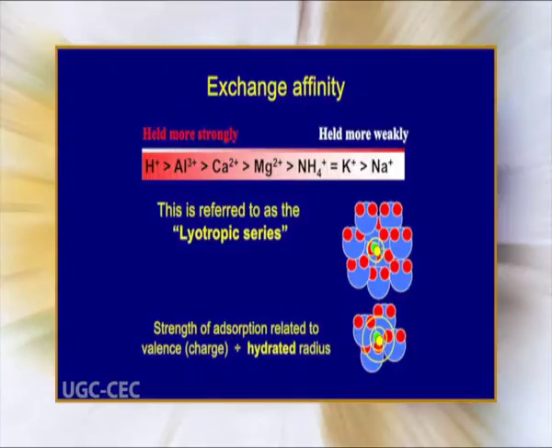Within a given valence series, the degree of replaceability of an ion decreases as its dehydrated radius increases. An apparent exception is the hydrogen ion. Monovalent hydrogen in this case behaves more like trivalent lanthanum. Relative ion replaceability, or ease of removal from specific colloids, has been called the lyotropic series.